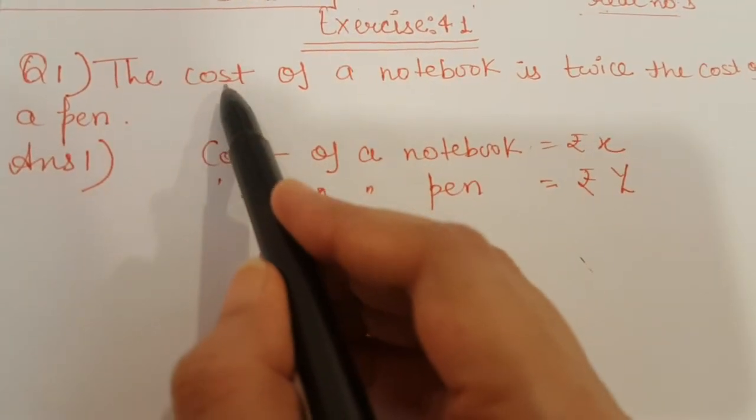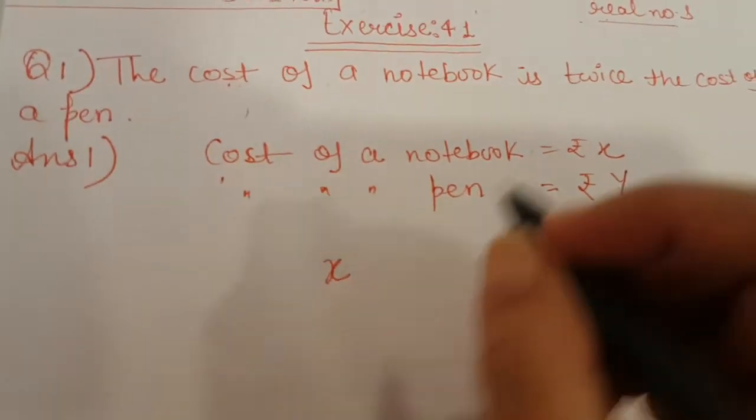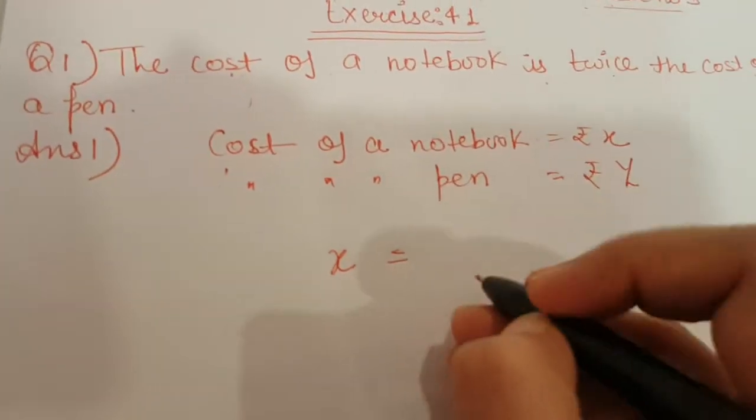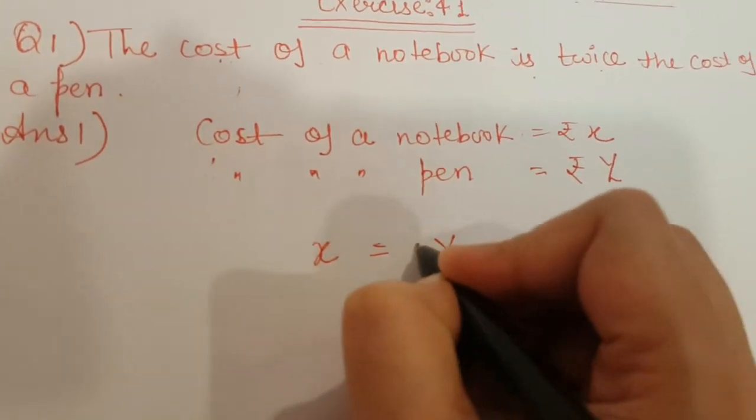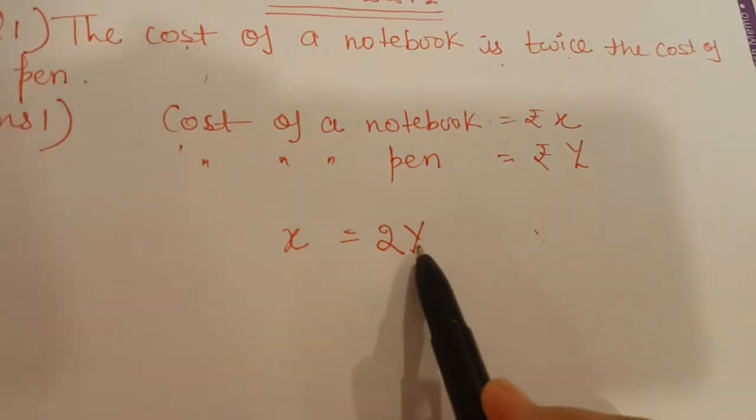What are they saying? Cost of a notebook, तो यहाँ हम रख देते हैं cost of notebook is equal to twice the cost of a pen. पेन की cost के twice के equal है. Twice the cost of pen.